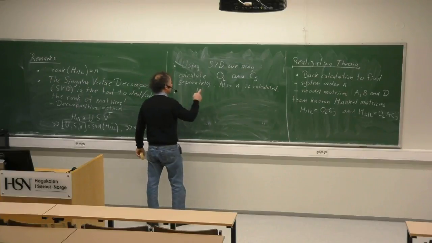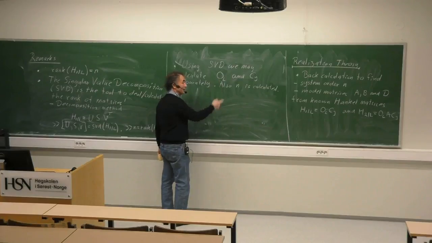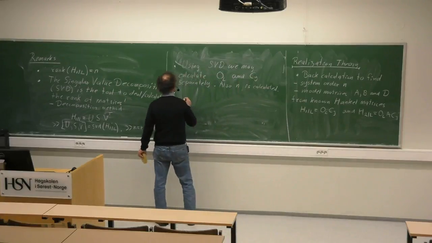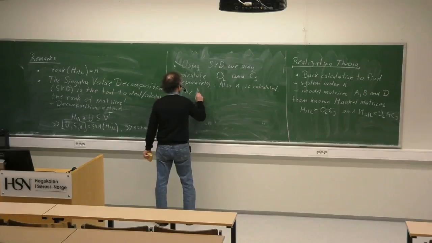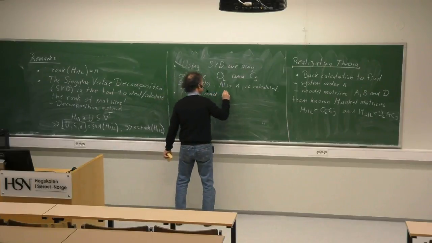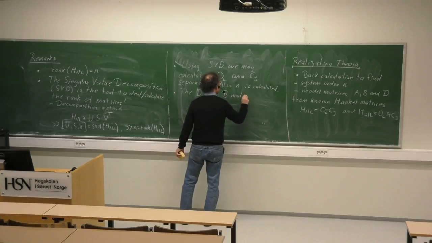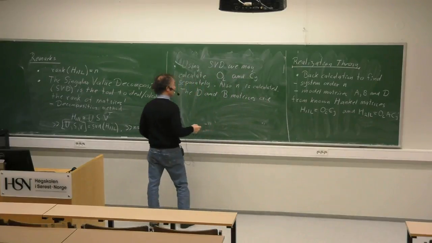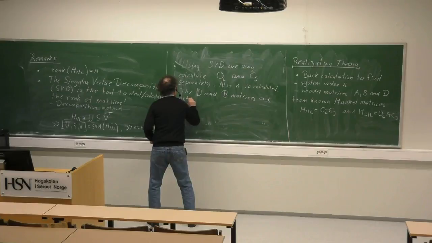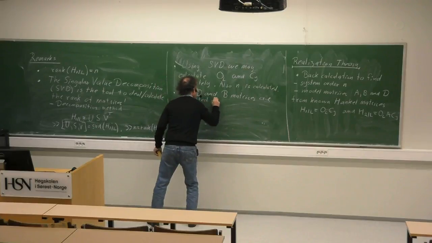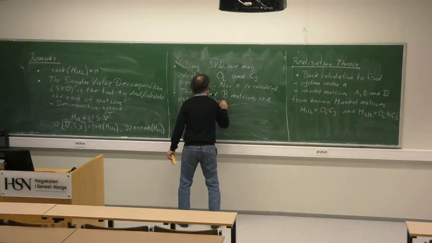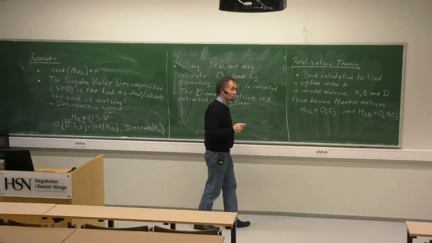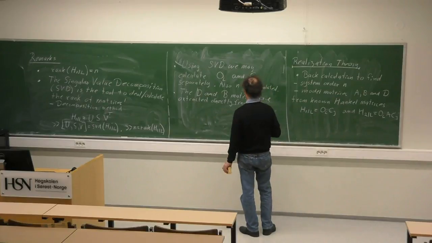Then when we have calculated the observability and controllability matrix, then we may directly find D and B. So, the D and B matrices are extracted directly from the at this stage known observability and controllability matrices.